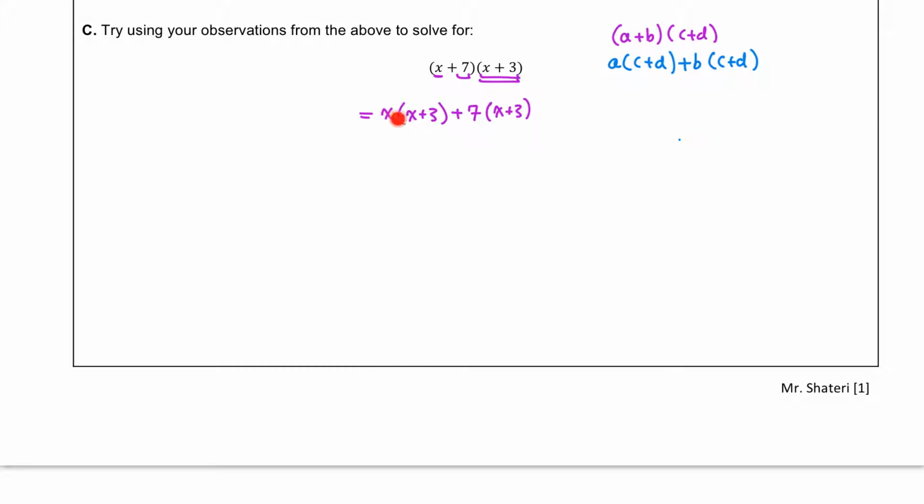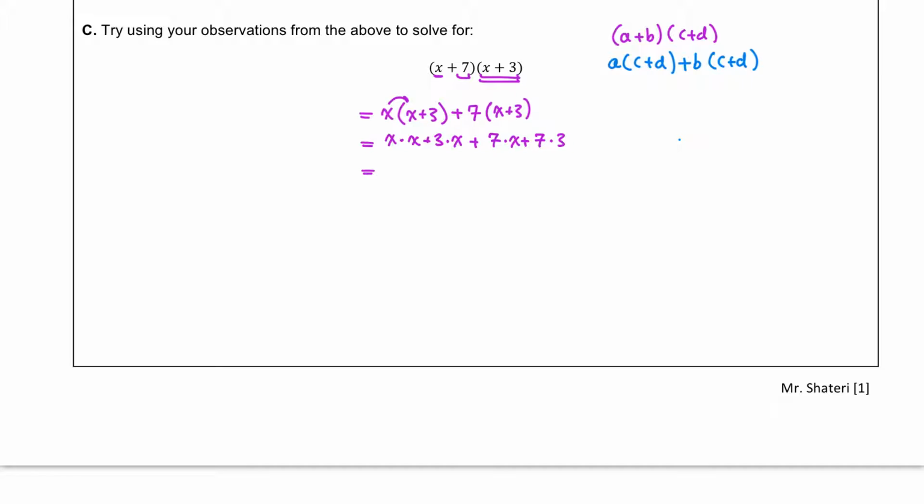So I can use the distributive property here, and I can use the distributive property here. So I will get x times x plus x times 3, or 3 times x, plus 7 times x plus 7 times 3.